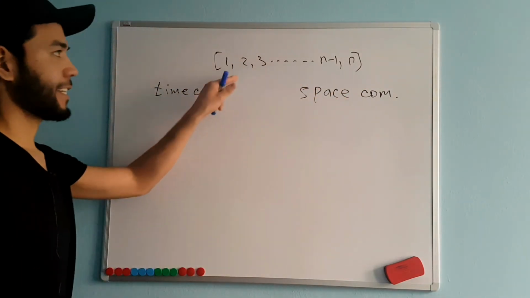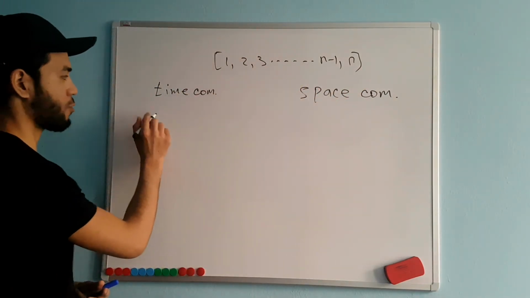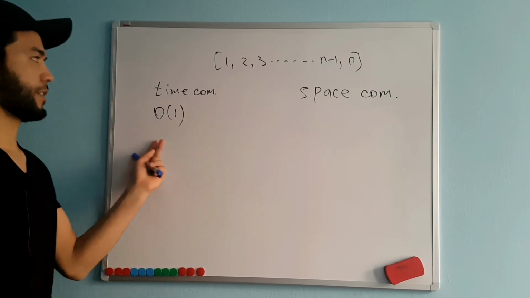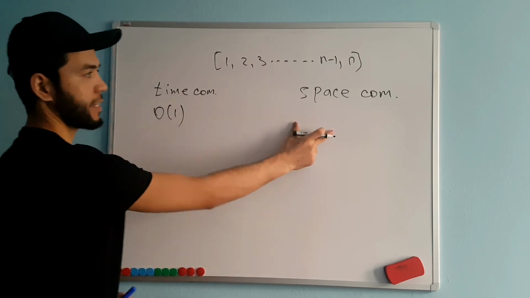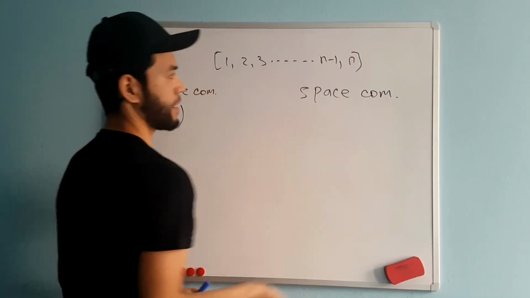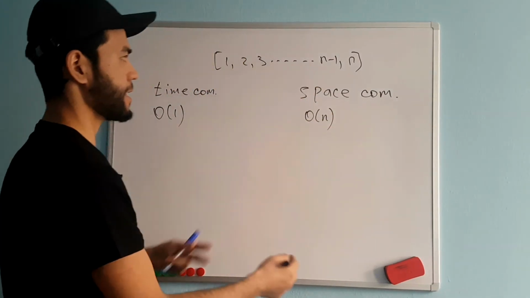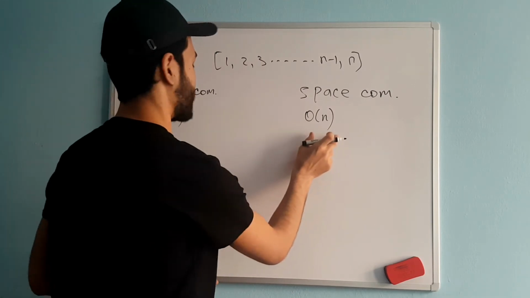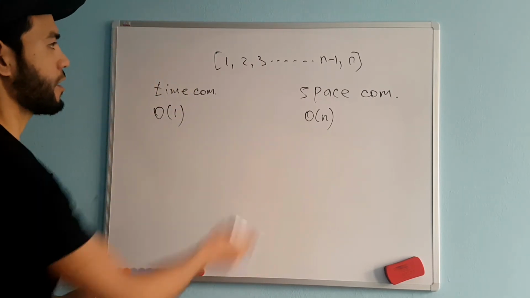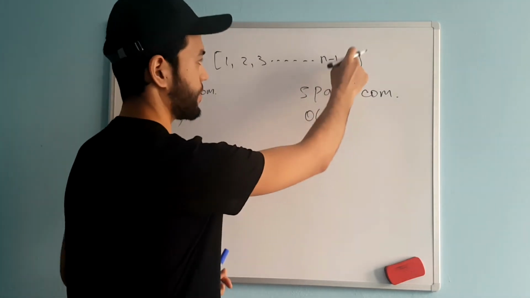For creating this array, the time complexity requires constant time, which is O(1). The space complexity is linear, which is O(n). We have n integer numbers, so space complexity requires n.